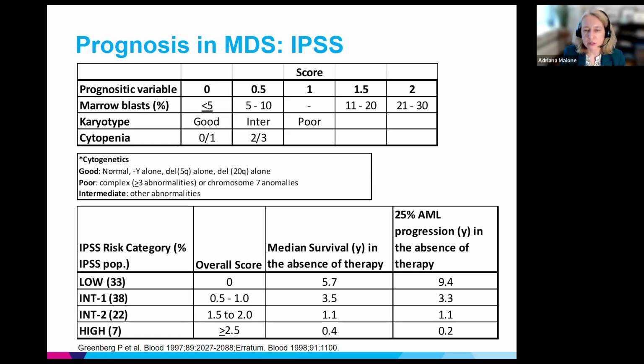The important thing to note is as patients have a higher score by IPSS, the median survival is dramatically lower in the absence of therapy, and the time to progression to AML is also significantly less.